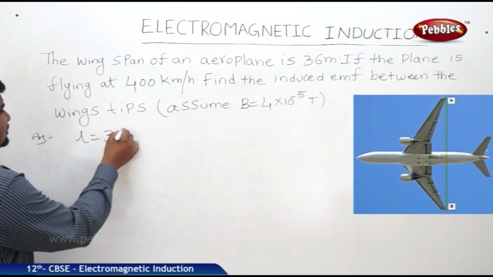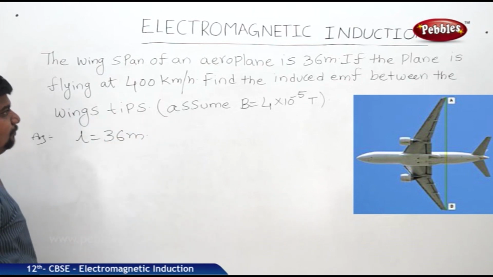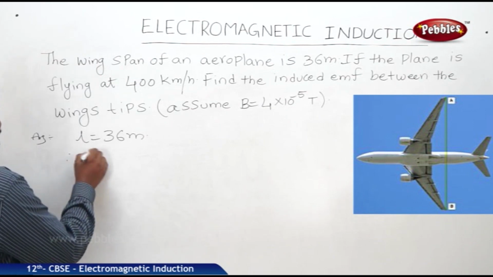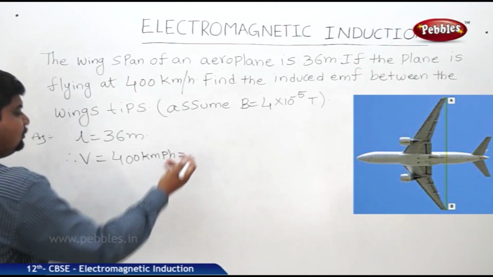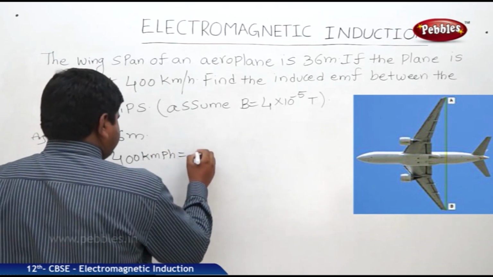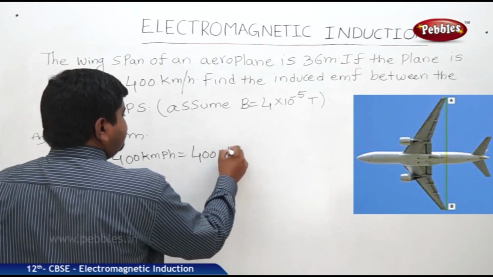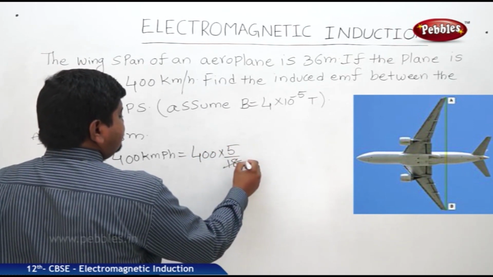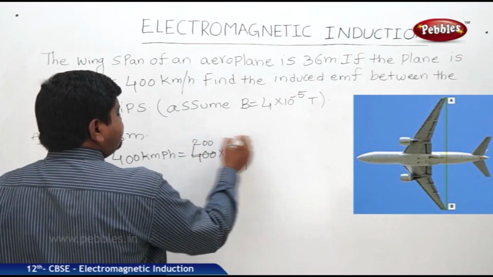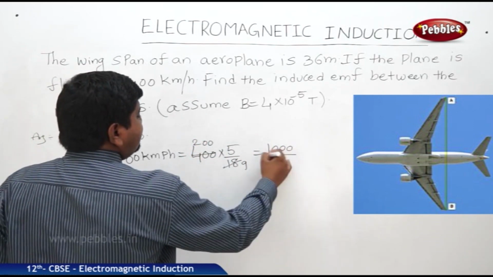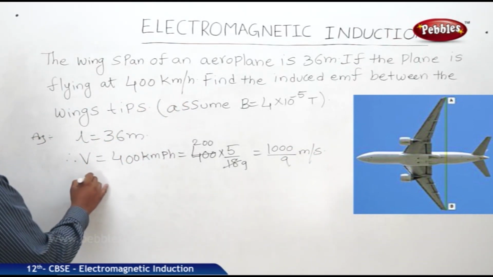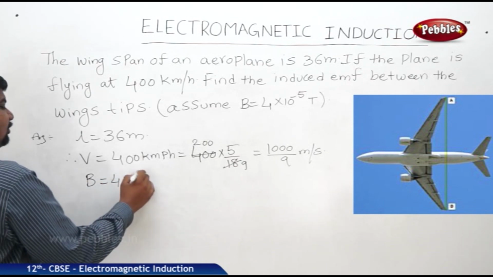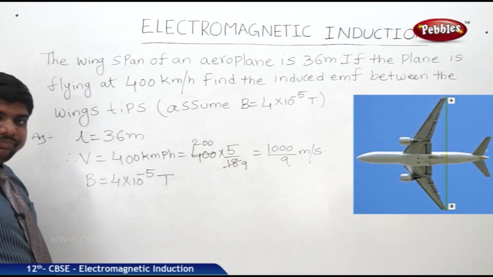Length of the wing is 36 meters. Plane is flying at 400 kilometers per hour. Means velocity is equal to 400 kmph. We should convert into meters per second. That means 400 into 5 by 18, 9 times, 200 times 2. So 1000 by 9 meters per second. Then what is the B value? 4 into 10 to the power of minus 5 Tesla.